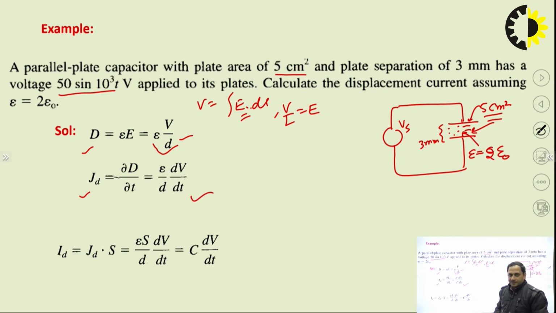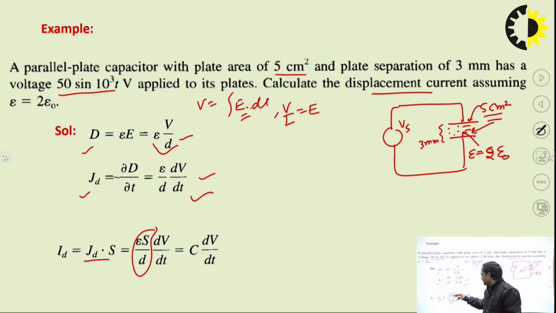So the expression looks like this, and we got J_D. Then we require ID, because the question is to find the displacement current. The simple formula is J_D dot S, the surface area. We found J_D from here, and S is given. Simply, this gives the capacitance, epsilon S upon d.